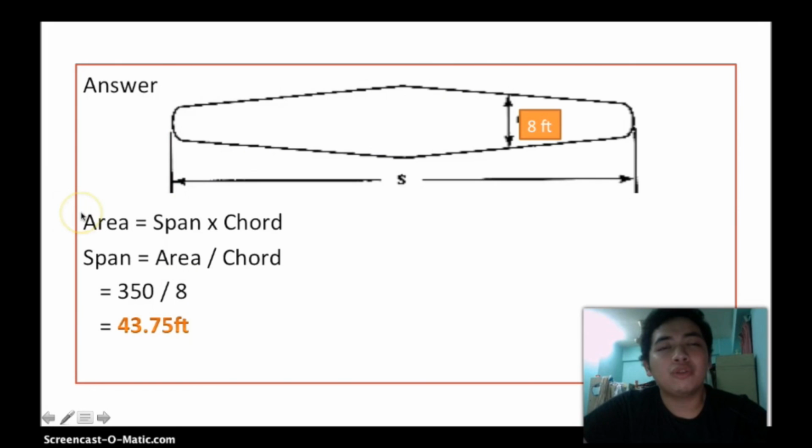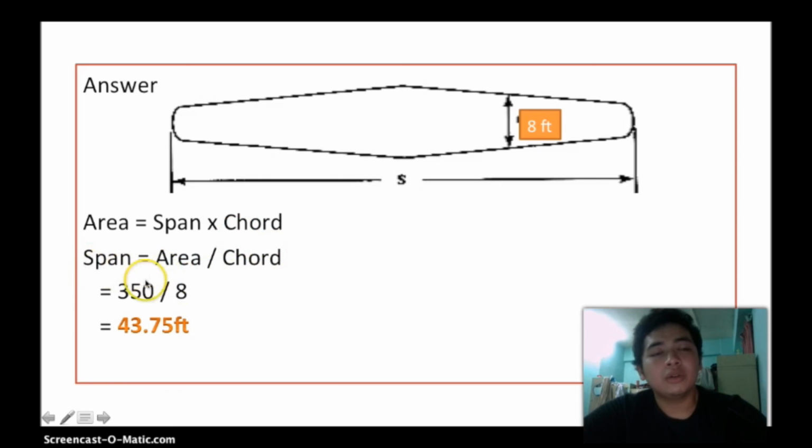The basic formula is area equals span times chord. We have the area of 350 feet square and the chord of 8 feet. So we can rearrange the formula to make the span the subject.